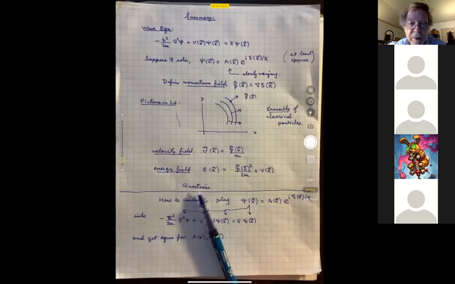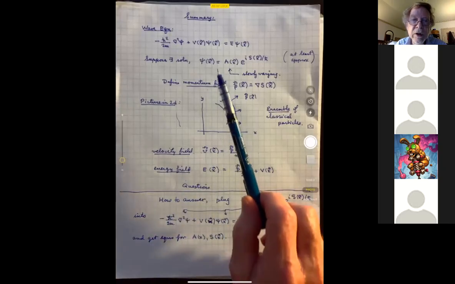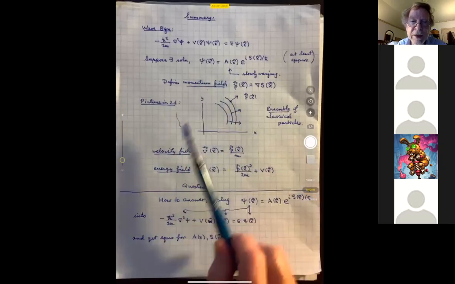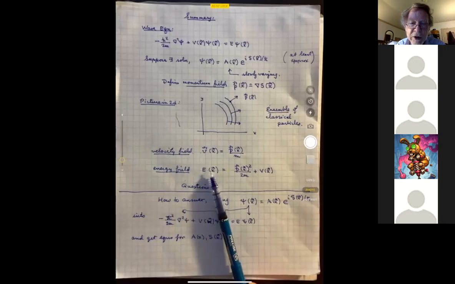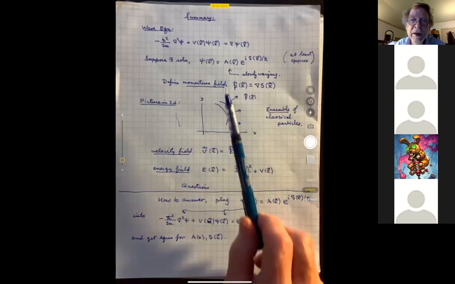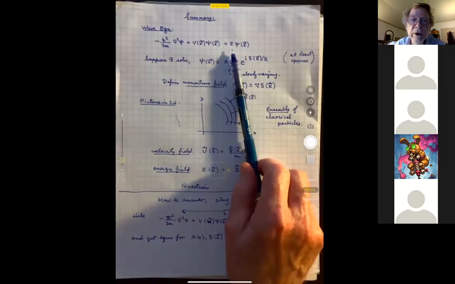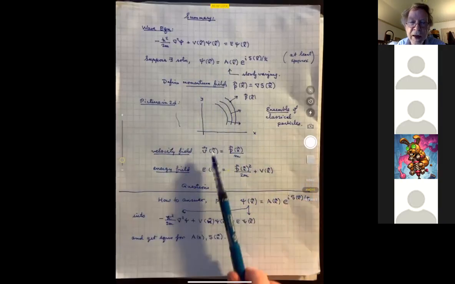Now that starts raising a bunch of questions once we've got this picture. So to summarize, a solution of this form of the Schrodinger equation leads to this classical picture with this momentum field and so on. So that leads to a bunch of questions. One of the questions is this: what's the relationship between that energy field and the energy eigenvalue of the original Schrodinger equation we were solving? Are they the same?